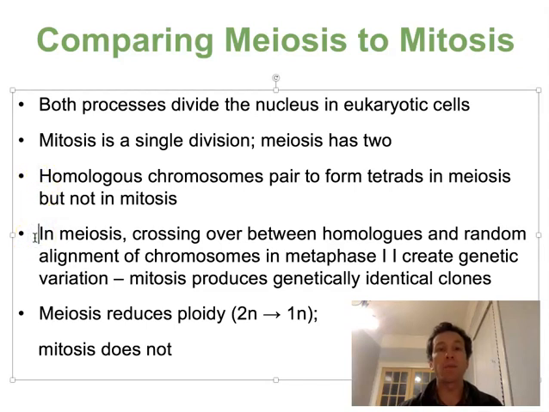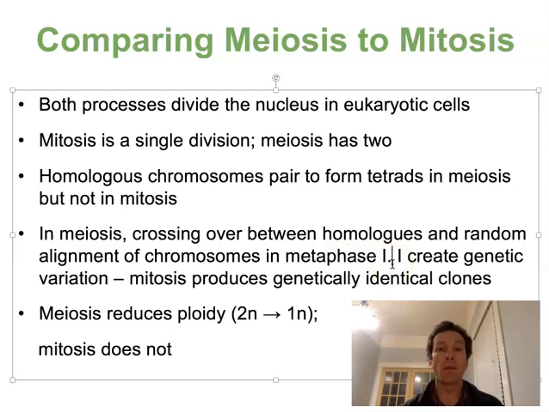Next, in meiosis, we have 2 events that create genetic variation among daughter cells. These are specifically crossing over in prophase 1 and random alignment of chromosomes in metaphase 1. And note that I updated the wording. There was sort of more confusing wording on the version of this PowerPoint that I put online.